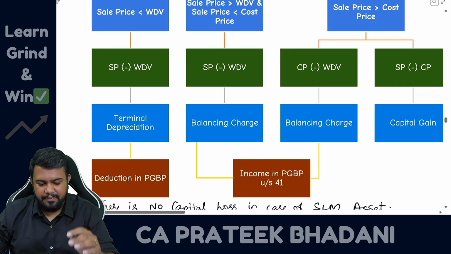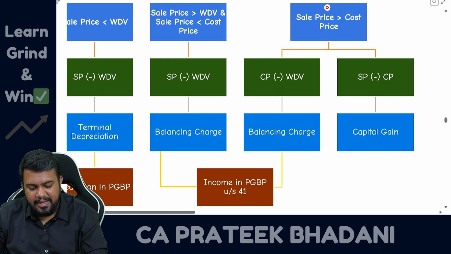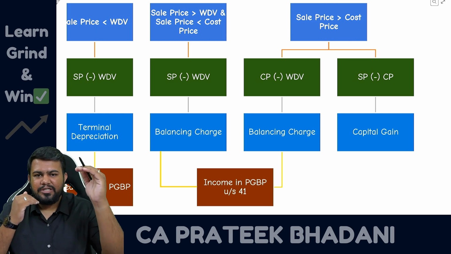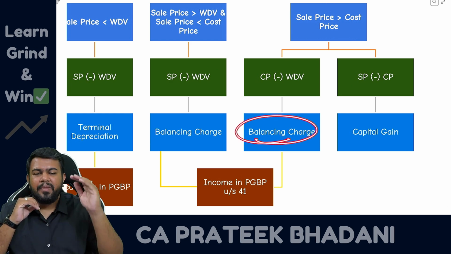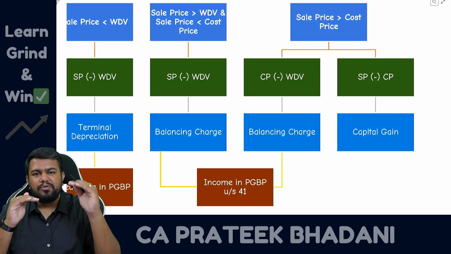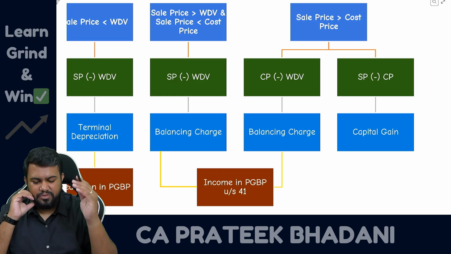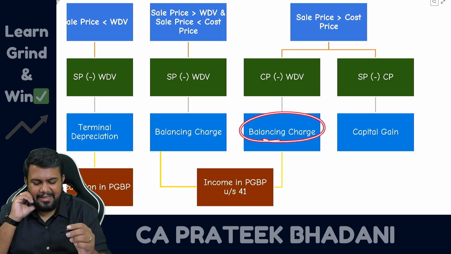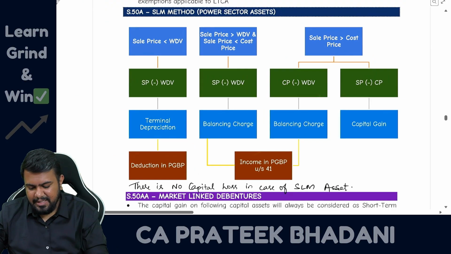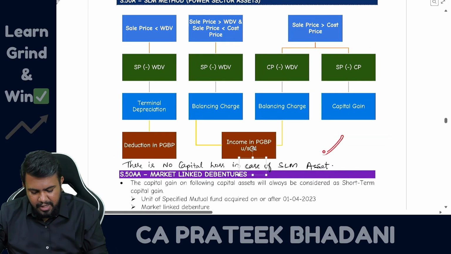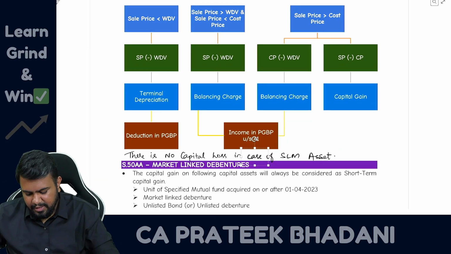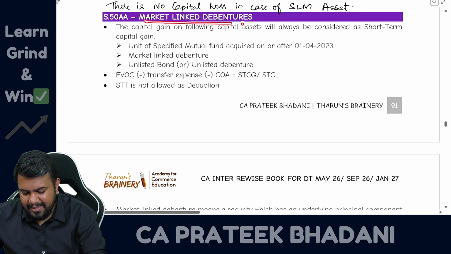However, if the selling price is more than the cost price, then up to the cost price, that is, WDV to cost price, will be considered as balancing charge. Selling price minus cost price will be considered as capital gain. So in the straight line method, there is no concept of capital loss; there can only be capital gain. Okay. Now let's talk about section 50AA, market linked debentures.